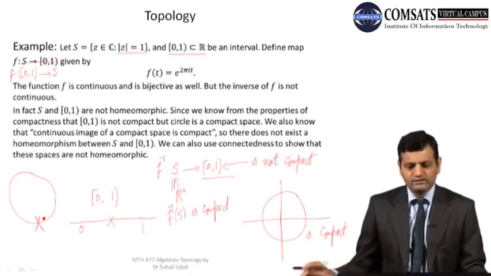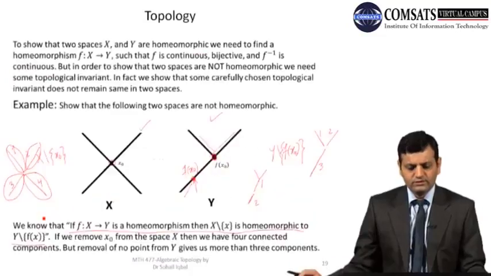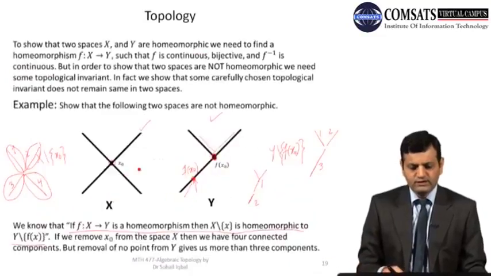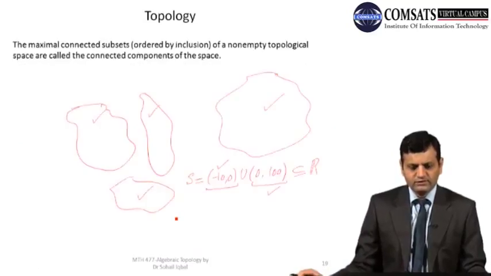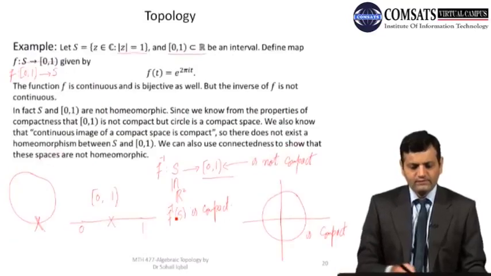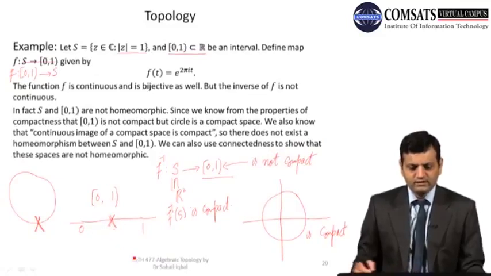So we can use the result that we just used to show that these two spaces X and Y are not homeomorphic. Using this result, if f from X to Y is a homeomorphism, then X minus x is homeomorphic to Y minus f of x. So if this circle and this interval are homeomorphic, then S minus this point should also be homeomorphic to 0, 1 minus this point, which is not the case.